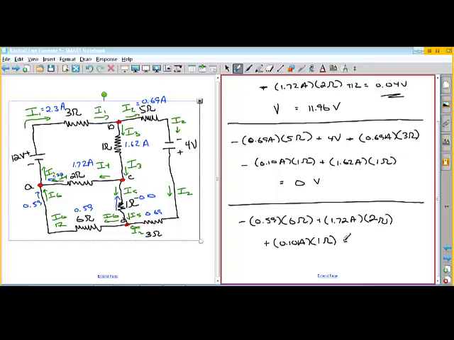If we do that, negative 0.59 times 6 plus 1.72 times 2 plus 0.1 times 1 is 0 volts. So you can see they've all worked out correctly, that the loops work out correctly, and we've already done the amps. So every equation is satisfied.